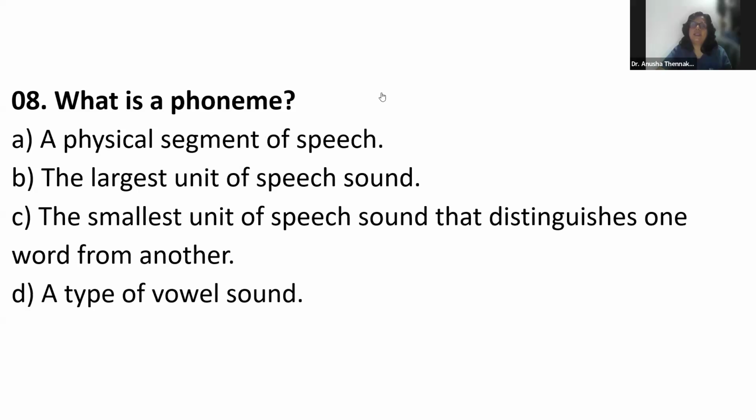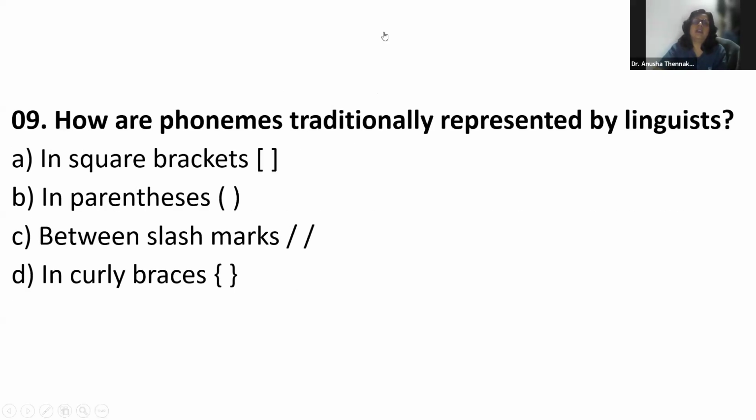Yeah, correct. Answer C is the correct one. The smallest unit of speech sound that distinguishes one word from another. Very good. This one. How are phonemes traditionally represented by linguists?